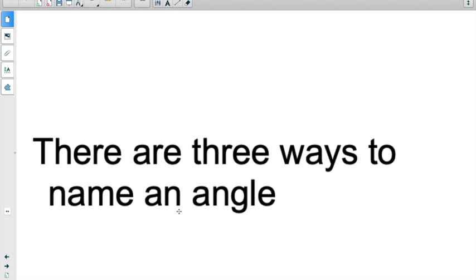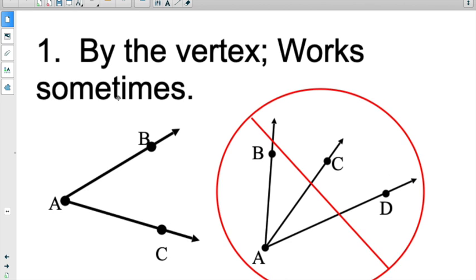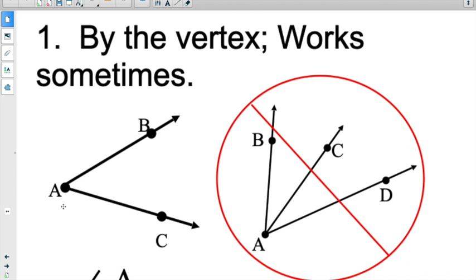From there, naming an angle, very similar to how we name points, lines, and planes. We do need to be able to name an angle. When you name an angle, you name it by the vertex. So this here would be called angle A. You could also call it angle BAC.